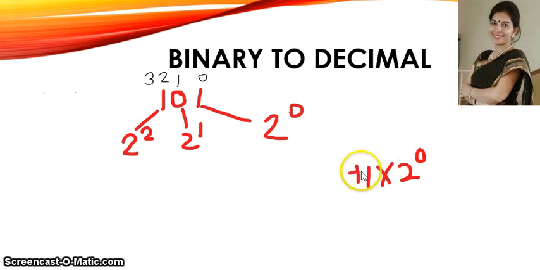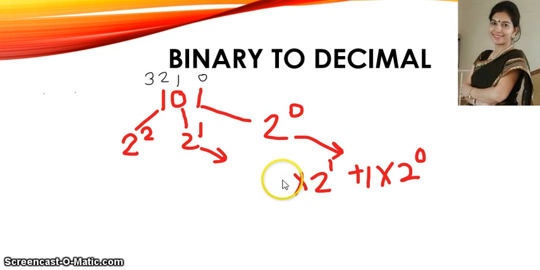And in the same way you will write the values of each digit, and you have to add those digits. So this is the value of this digit. Then for this you will write 2 raised to the power 1 multiplied with 0, because at this place 0 is written.